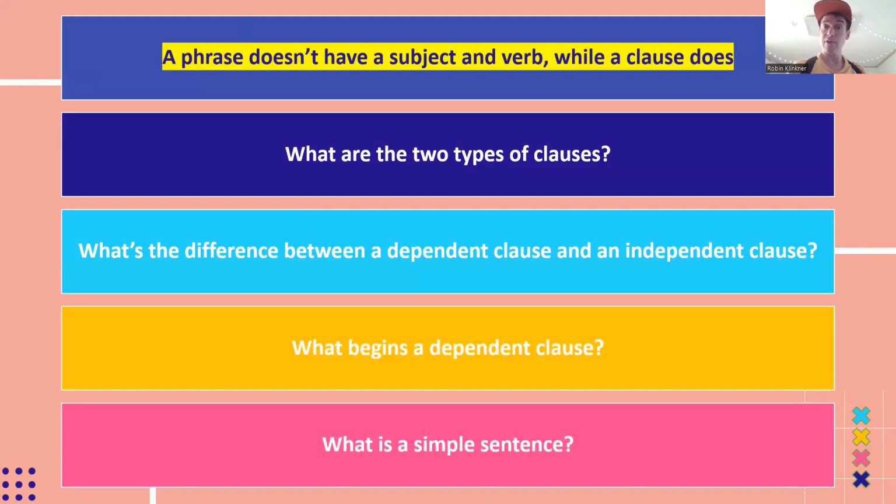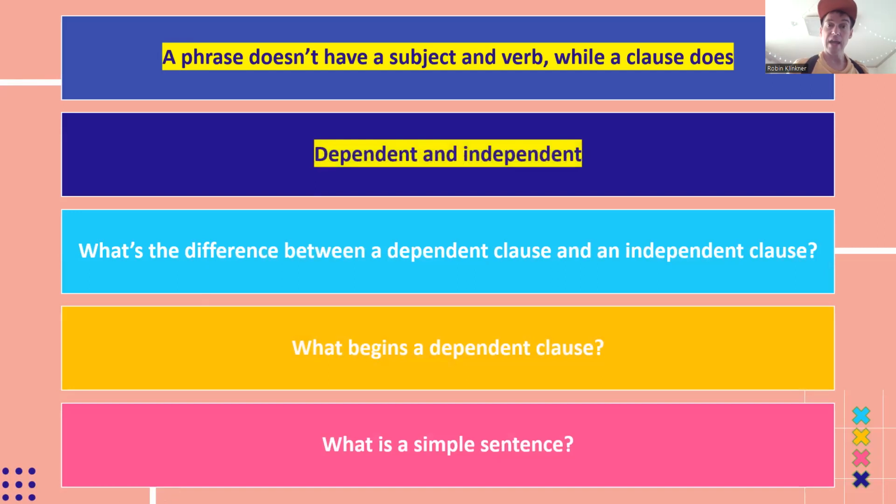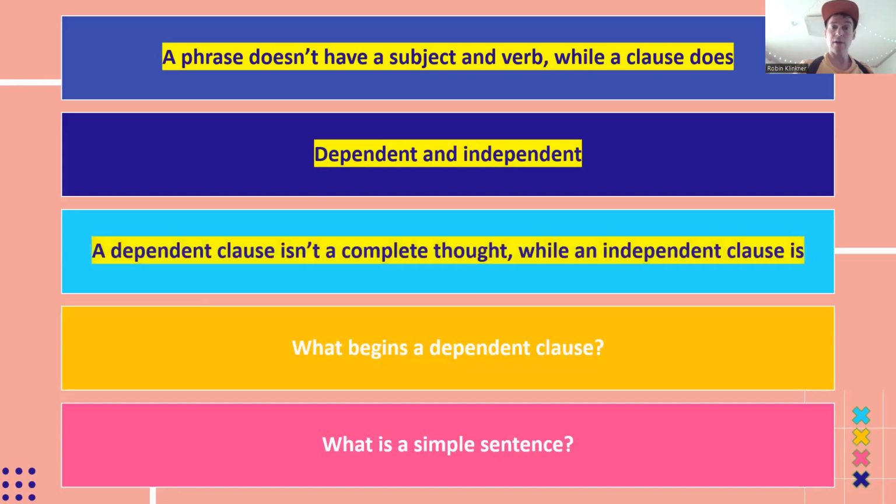What are the 2 types of clauses? Dependent clauses and independent clauses. What's the difference between a dependent clause and an independent clause? Which one is a complete thought? A dependent clause isn't a complete thought, but an independent clause is.